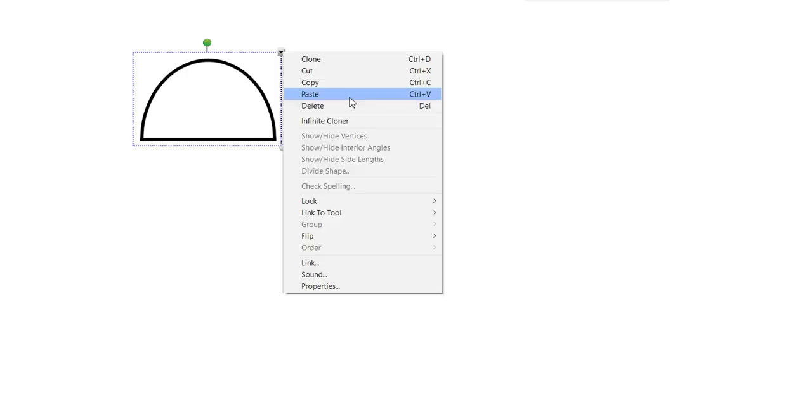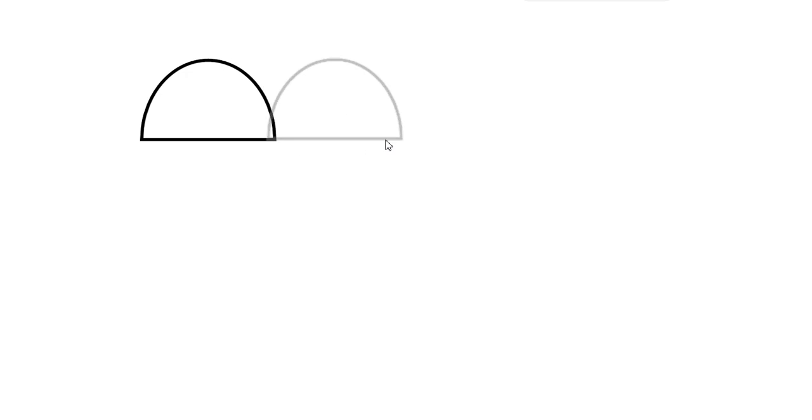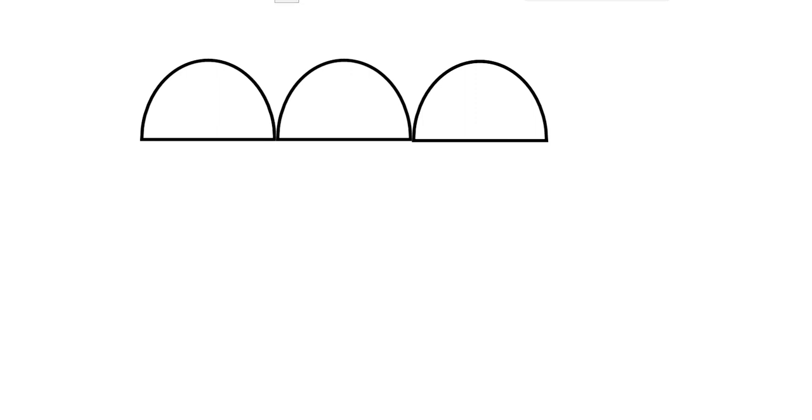Well, can every shape tessellate the plane? Can this shape tessellate the plane? If we put it on infinite cloner, can we tessellate the plane? Well, no. Why? Because there's nothing to fill in that gap.